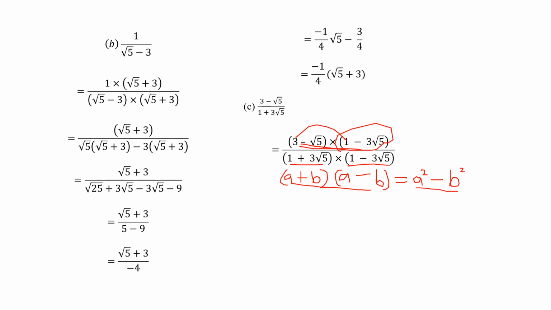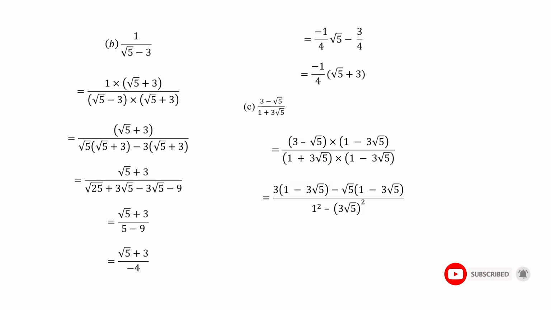So when you look at the 1, we are going to take it as the A. The B, we are going to take it as the whole of 3 times the root of 5. So even here in this bracket, you can see it is the A minus the B. Then on the next step, we are going to be writing it as A squared minus B squared.